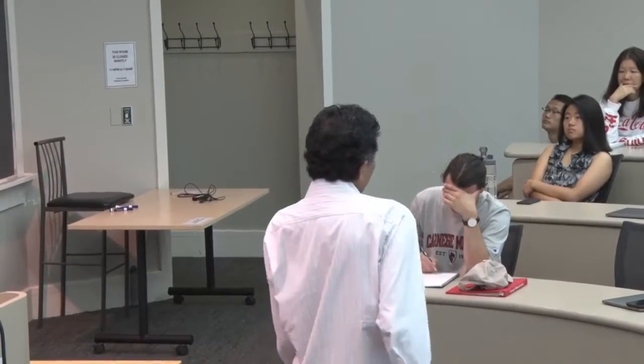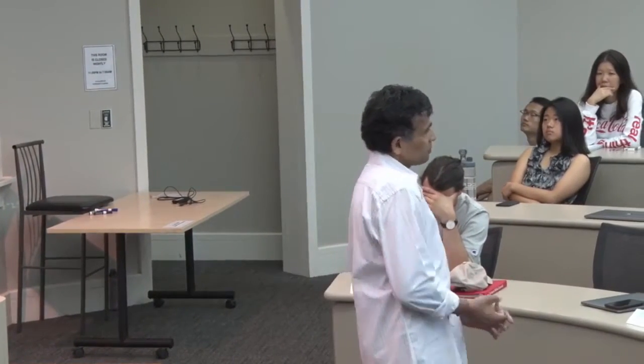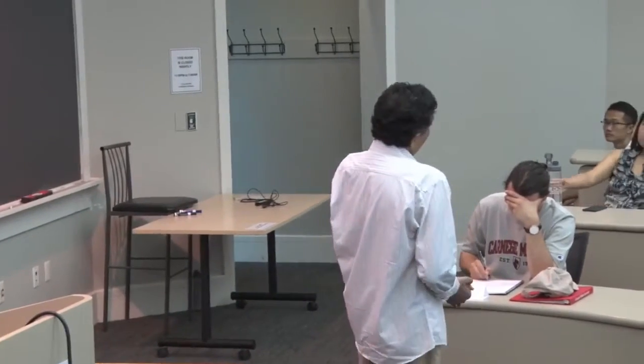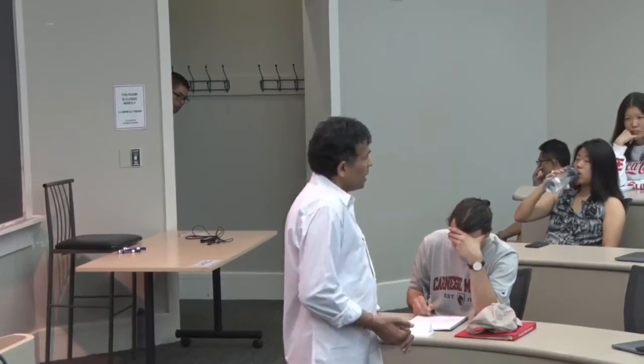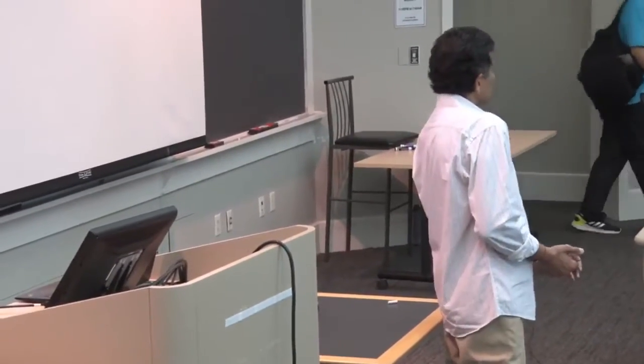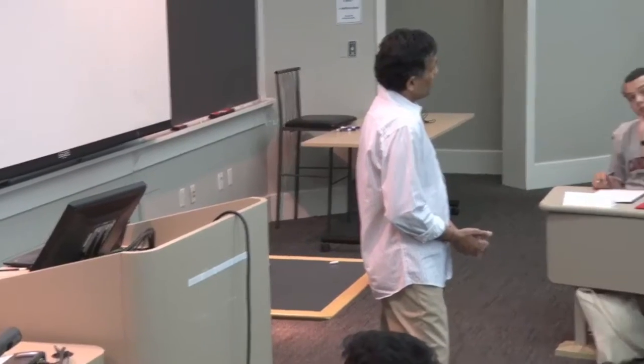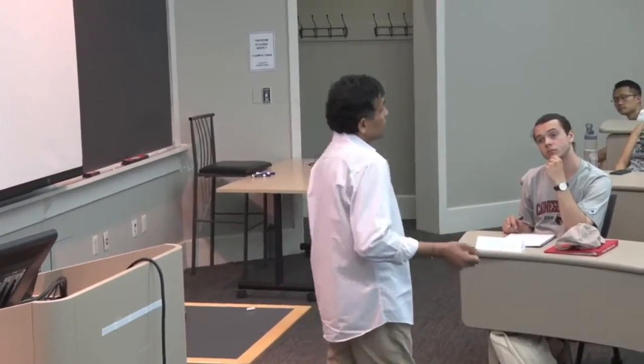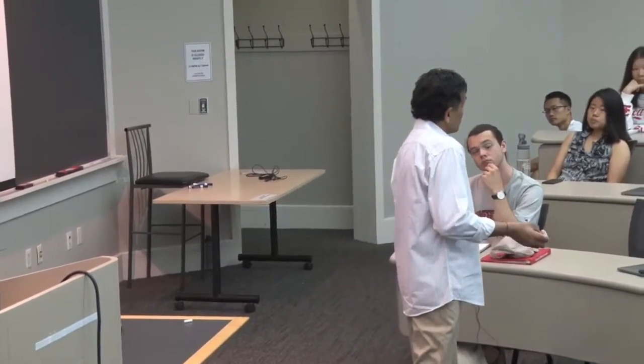Now, if I want to construct a majority circuit using standard Boolean operators, not a threshold gate, how many units would I need? If I want to construct a Boolean circuit which says fire if the majority of the inputs is 1, at least L over 2 inputs are 1, or fire if at least k of the inputs are 1, how many units would I need?